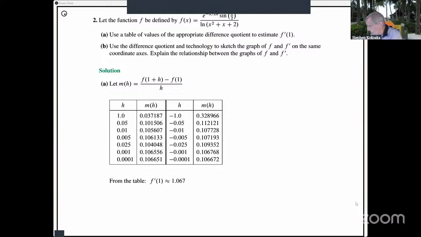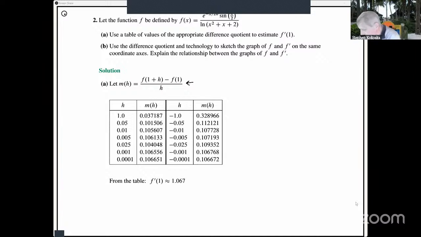All right, so let's see if we can estimate f prime of 1. The first thing we're going to do is take a look at this difference quotient right here. It's f of 1 plus h minus f of 1, divided by h. And we're going to take a look at that value for values of h that get closer and closer to 0, similar to what we did in problem number 1.